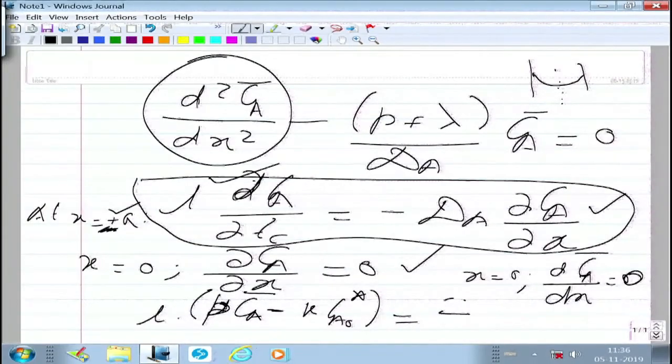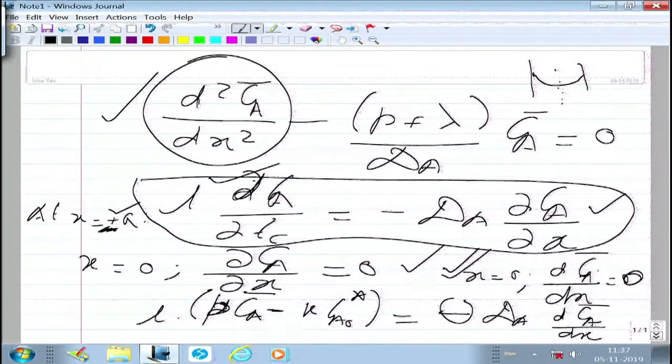At t equal to 0, it will be K CA0 star, and this will be minus dA dCA bar by dx. So now solve this equation subject to these conditions: x equal to 0, dCA bar by dx equal to 0, and for any time at x equal to plus a, we have L pCA bar minus K CA0 star equal to minus dA dCA bar by dx.